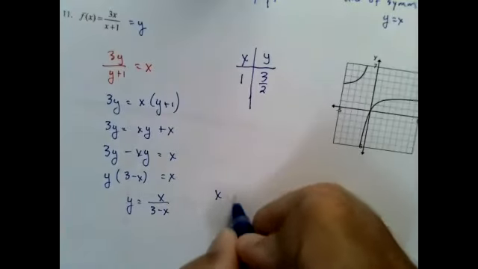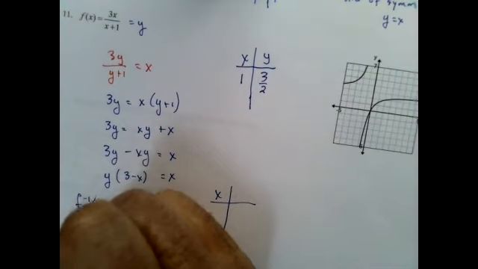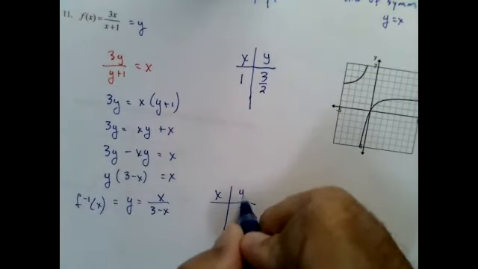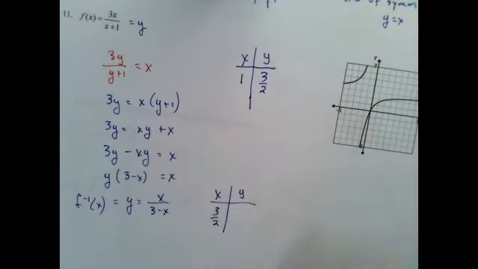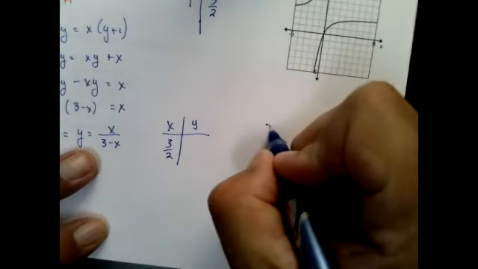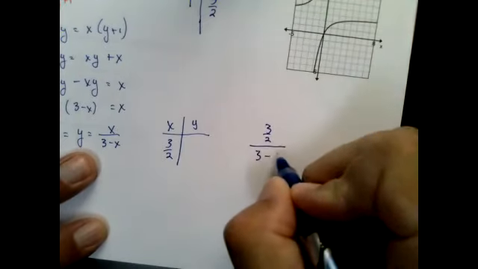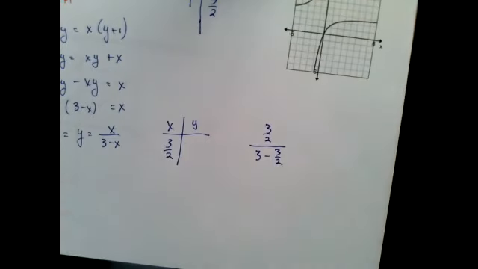So that means if I came down here and said, oh, this is my inverse function, I throw in a 3 over 2 and do some algebra here. I don't use these again. If I throw that in, I get 3 over 2 divided by 3 minus 3 over 2. Oh, this was a building block I had to learn somewhere along the way.